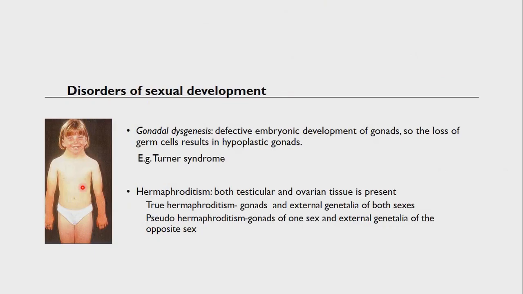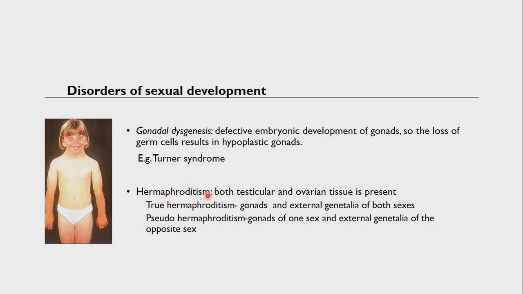Disorders of sexual development. Gonadal dysgenesis. It is a defective embryonic development of the gonads, and the loss of the germ cells will result in hypoplastic gonads. An example of this is Turner syndrome. In Turner syndrome, the female will have ovaries, and the ovaries are hypoplastic, very rudimentary ovaries. Another disorder is hermaphroditism.